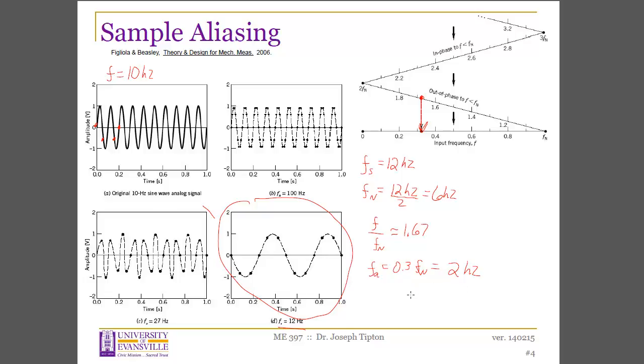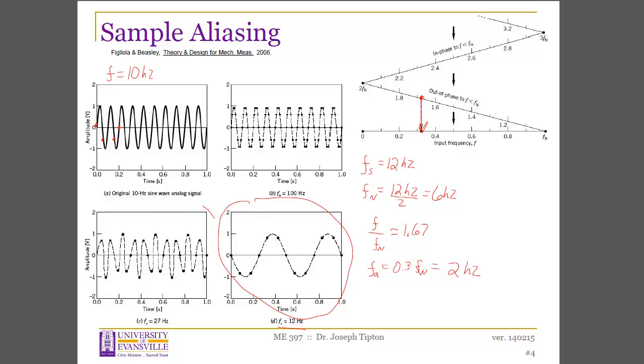So hopefully you can see in this example how important it is to set your sampling frequency much higher than your input signal. Look at the other cases. What would happen if I met the Nyquist sampling theorem and sampled at 27 Hertz? 20 is my minimum, and I sample at 27. Well, when I connect the dots, I don't exactly get the original signal. However, I am pretty much able to find the peaks, and I am able to determine the frequency.